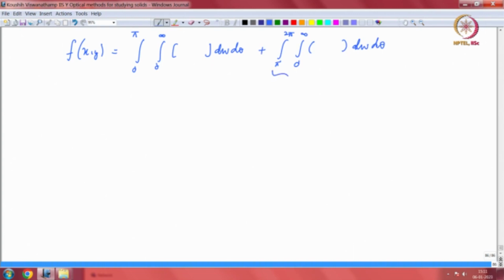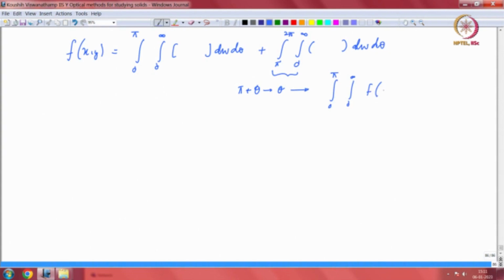Now, in the second integral I can change variables. I change pi plus theta to theta. Okay. So, pi plus theta I am going to call theta, which means I have to subtract pi from the actual theta that is in the integral. So, the second integral, if I do this, will be 0 to pi, 0 to infinity.